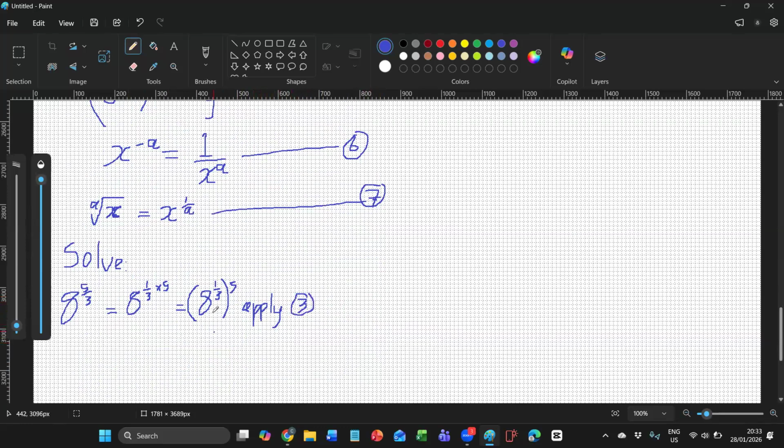Now, this inner one, I'm going to apply law 7, okay? Again, in the backwards direction, that's from right to left. So 8 raised to the power of 1 over 3 looks like x raised to the power of 1 over 8, so I am free to do this.